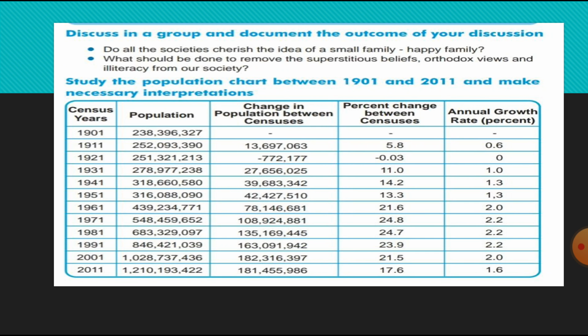Study the population chart between 1901 and 2011 and make necessary interpretation. See here they have given us the population chart between the years 1901 and 2011, and they have given us the population growth, also the population changes between the censuses and the growth rate also, in percentage.